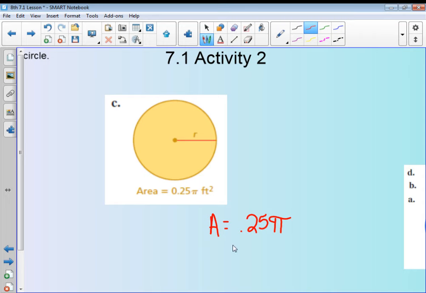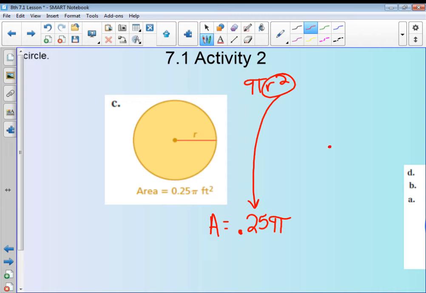Remember, our formula is pi r squared, right? So we're trying to figure out what number squared is going to equal 0.25. Well, if it was just 25, what number times itself gives us 25? That would be 5. It's just that now we're working with a decimal.